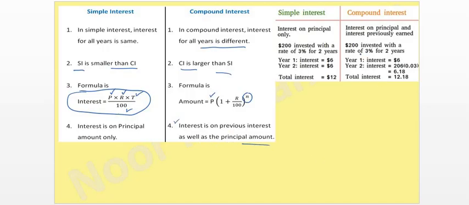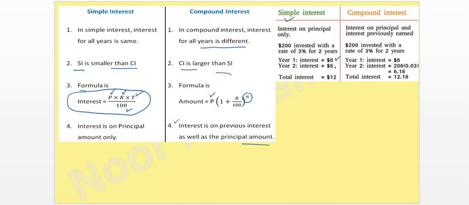So here I have two examples. You can look at these two examples and understand the difference. For interest on principal only, we are finding the simple interest, so it will be only on the principal amount. For example, you have invested $200 with a rate of 3% for 2 years. What will be the interest for the first year? Because it's 3%, it will become $6.